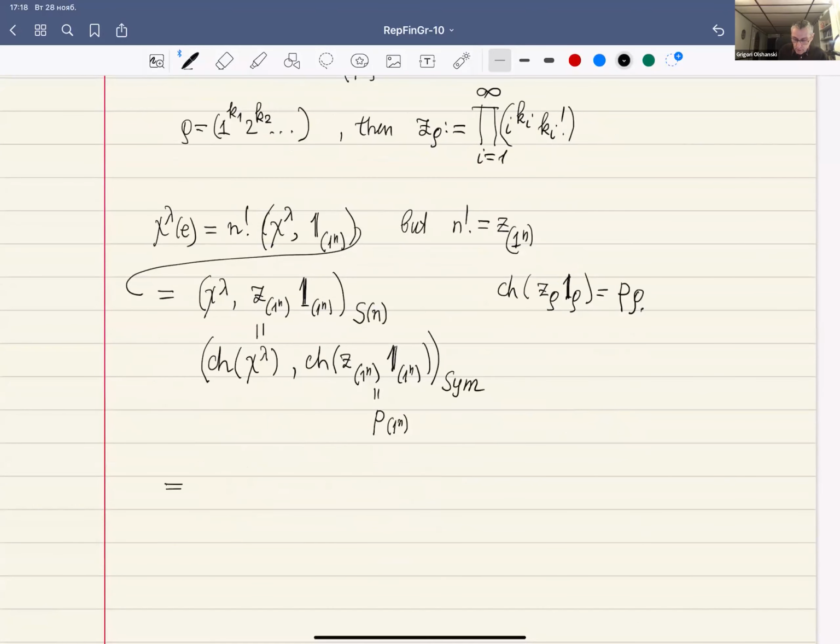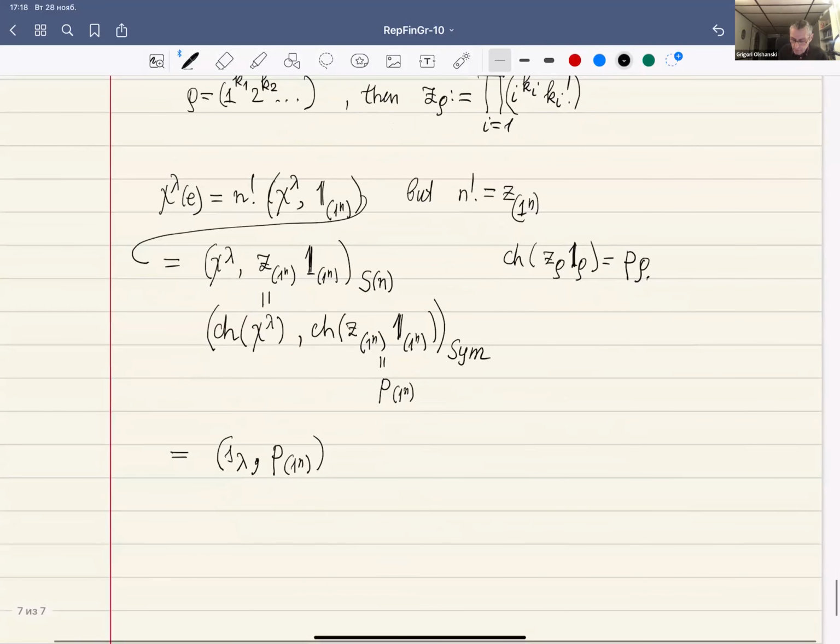So we conclude that this is equal to the scalar product in the algebra of symmetric functions of the Schur symmetric functions and this. And so we have to prove that this is the same as the very definition of what is the power sum symmetric function. This is this object.